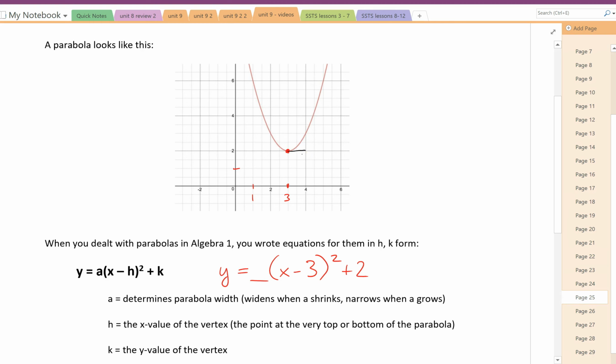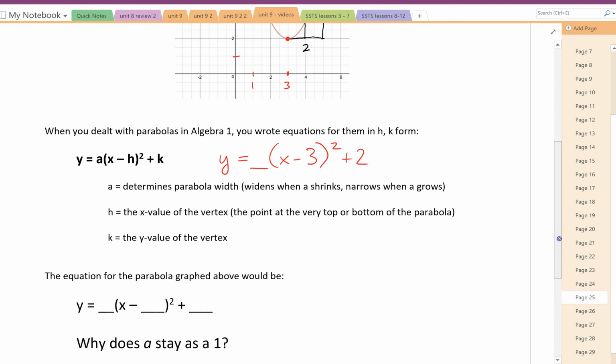So 1 squared is just 1. If I go over 2, then y should increase by 2 squared, which is 4. So 1, 2, 3, 4. And that's what the parabola here is doing. If I go over 3, y should go up 9. Well, I can't see that, but you can just take my word for it.